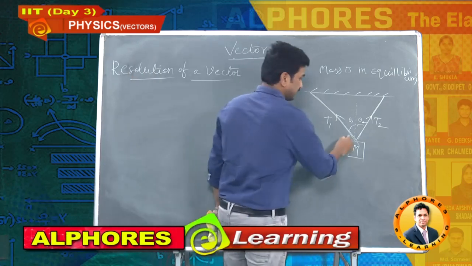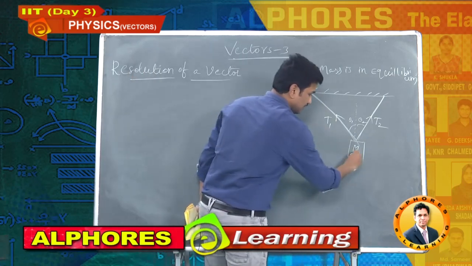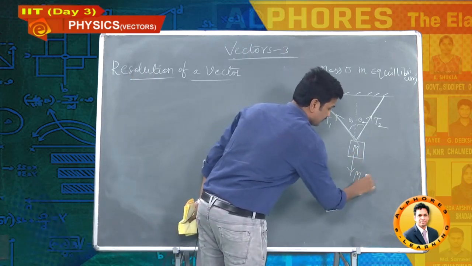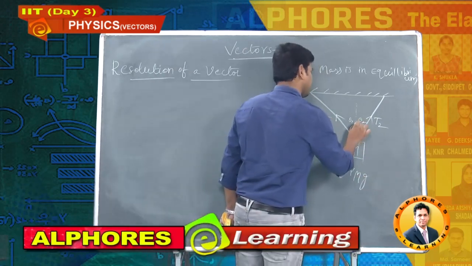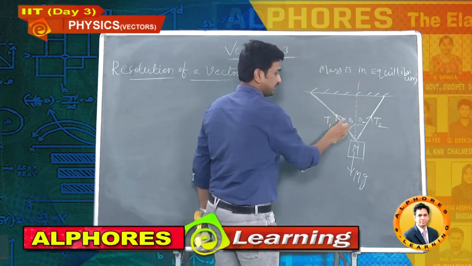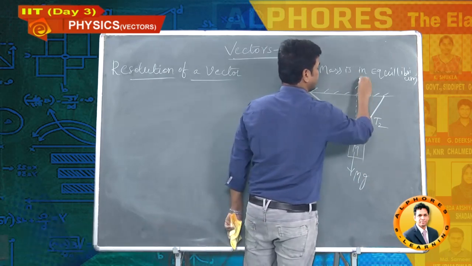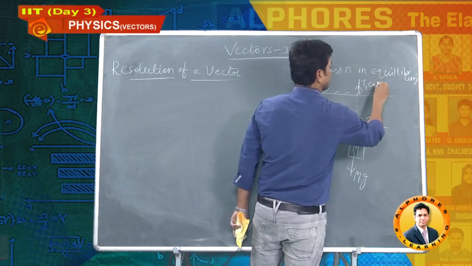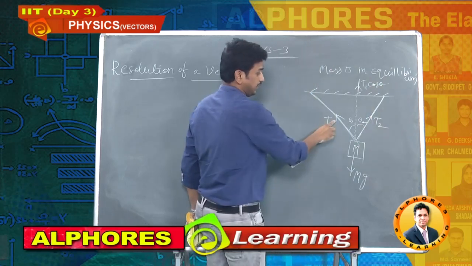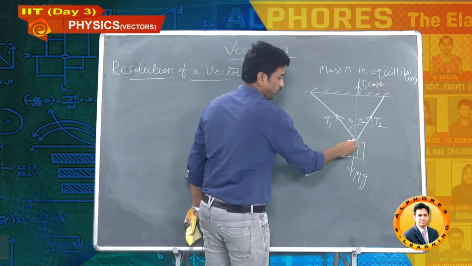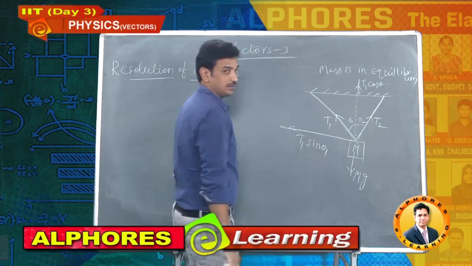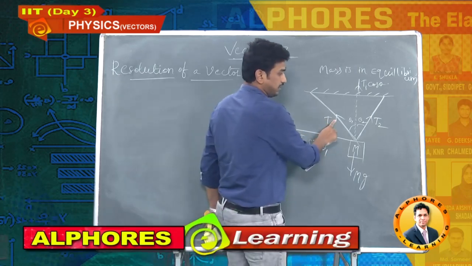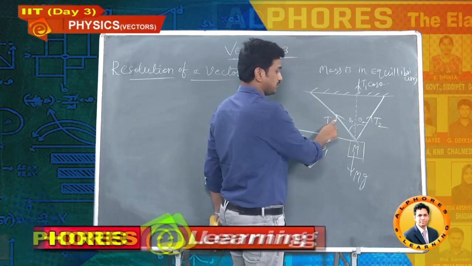Now here I will resolve the components. Weight always acting downward. Now T1, T1 theta touching side. What is that? T1 cos theta 1. Vector going away, component also going away. One more component, T1 sin theta 1. T1 having two components.